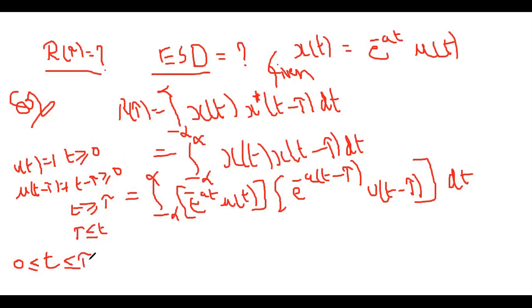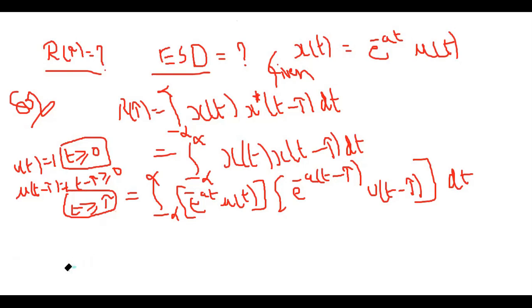See, I am taking t greater than or equal to 0 here, and t greater than or equal to tau. There is no need to take tau again.